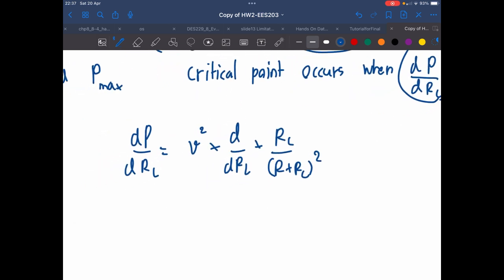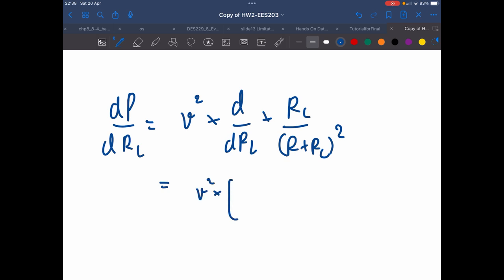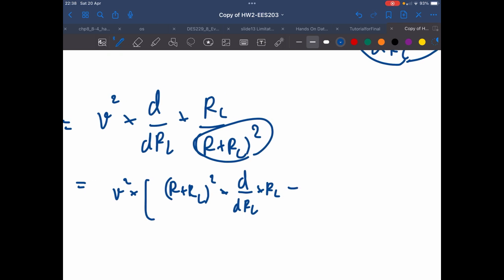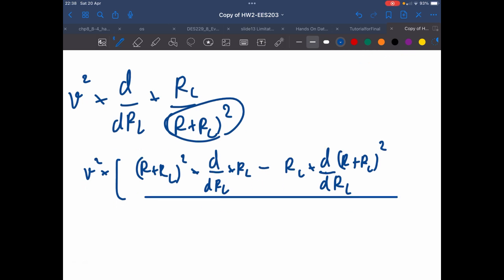Now, according to the quotient rule, when we consider the derivative of the division components, we put the lower one to the power of 2 times the derivative of the upper one, minus the multiplication of the upper one times the derivative of the lower one, or the divisor, with respect to RL, and the overall divided by R plus RL to the power of 2, then to the power of 2.